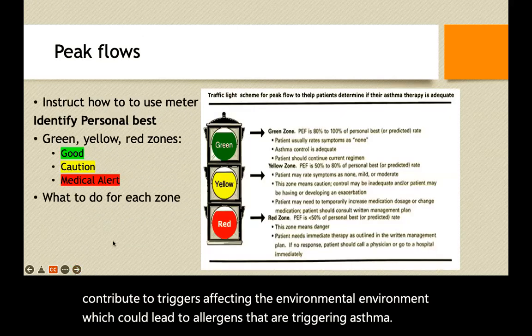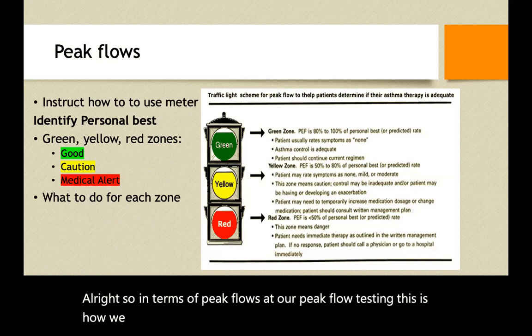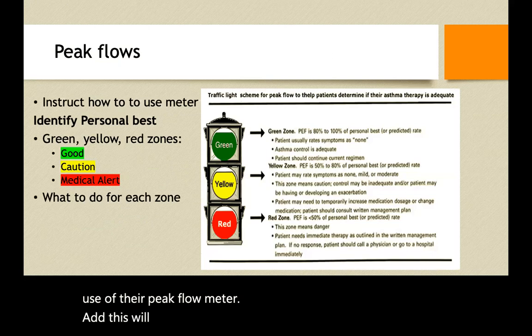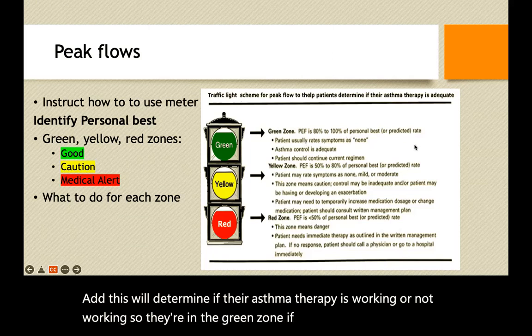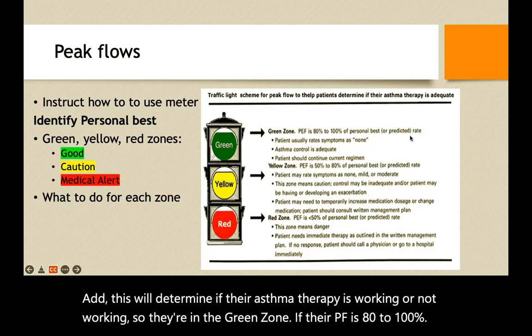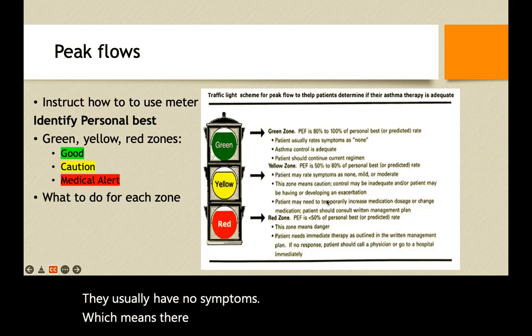All right, so in terms of peak flows and our peak flow testing, this is how we know where the patient falls in terms of their use of their peak flow meter. And this will determine if their asthma therapy is working or not working. So they're in the green zone if their PEF is 80 to 100%, and they usually have no symptoms, which means their asthma control is adequate.